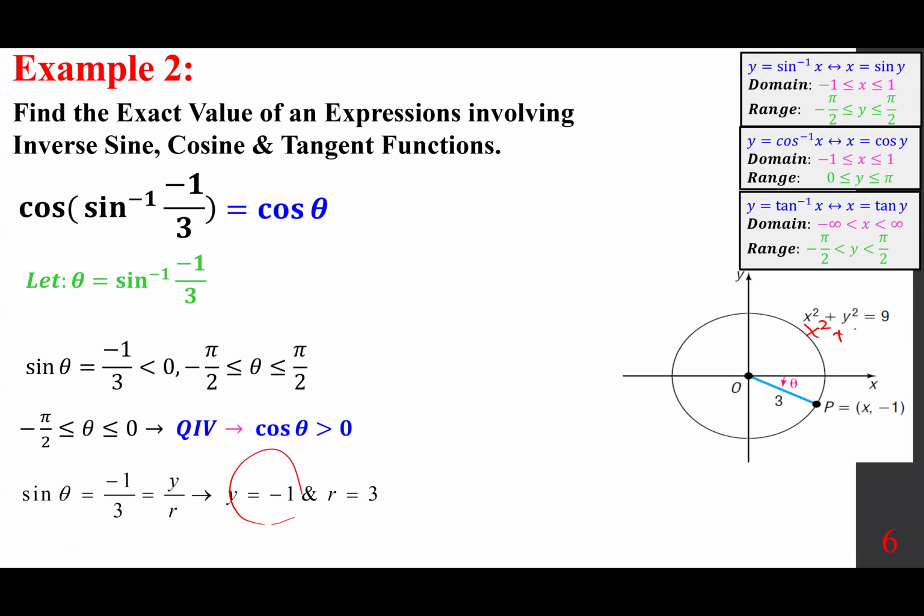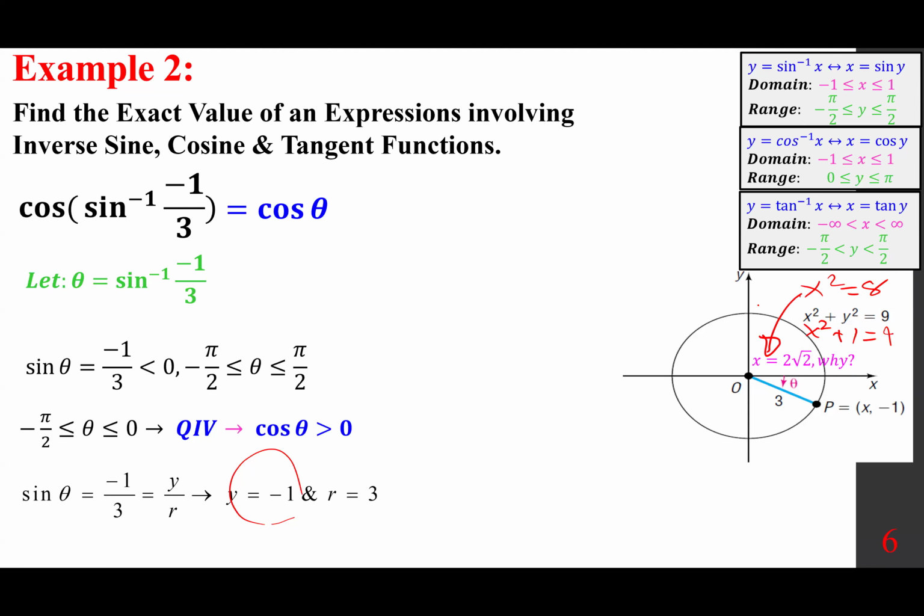If y is negative 1, that means 1. It's 9. X squared is 8. And x is plus minus 2 square root of 2 or plus minus square root of 8. In the fourth quadrant, x is positive, so it becomes 2 square root of 2. Okay, that's the reason.